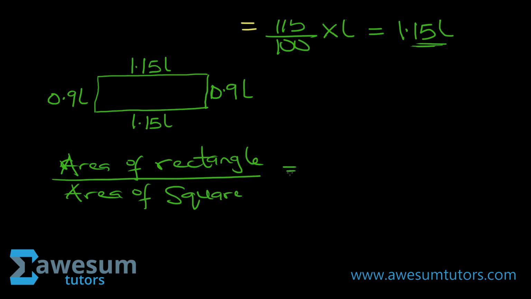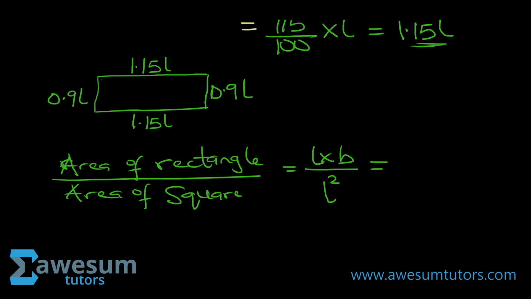And we know that the area of rectangle is length times the breadth, over the area of a square, which is L squared, because all the sides are equal. For a rectangle, all the sides are not equal. So what do we have for the rectangle?